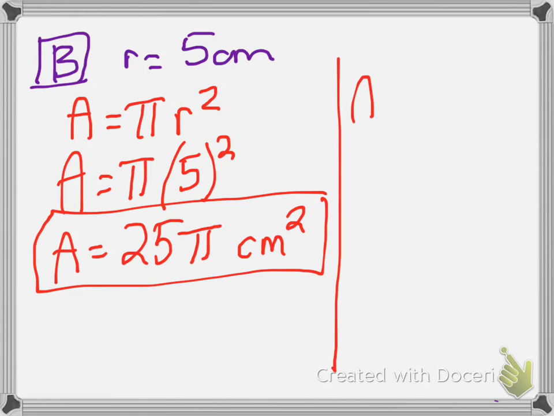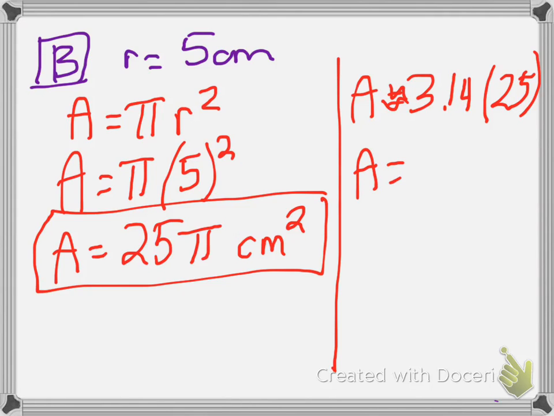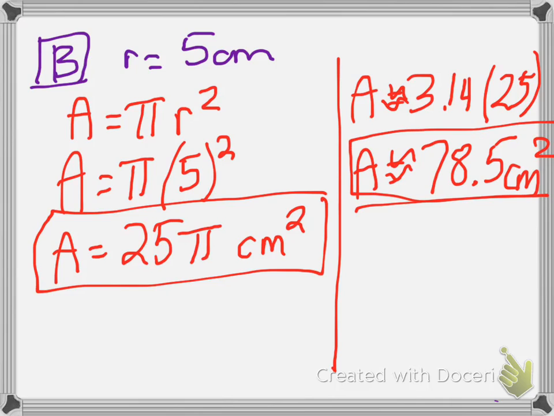Using 3.14, about 3.14 times 5 squared, which is 25. Your area, 3.14 times 25, is about 78 5/10 centimeters squared. Okay? And that's where we're going to stop tonight.